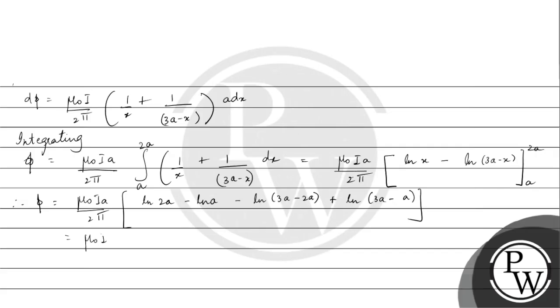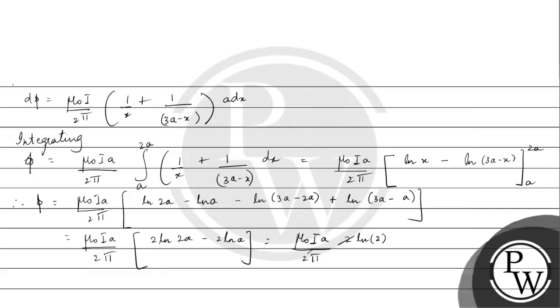This comes out to be mu naught I a by 2 pi into 2 ln 2a minus 2 ln a. We further simplify this to mu naught I a by 2 pi into 2 ln 2.